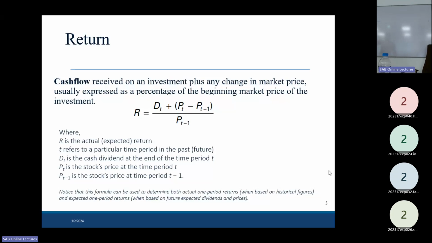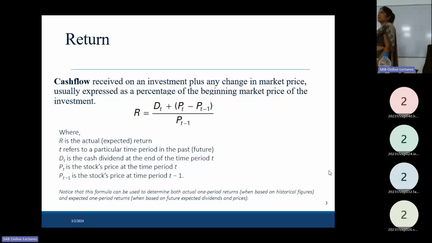For simplicity, I am taking P0 and P1. PT minus 1 means P0, the previous price, and PT the current price. PT is the stock price at time period T, current. PT minus 1 is the price at T minus 1, the previous price. So this is dividend per share divided by price P0.